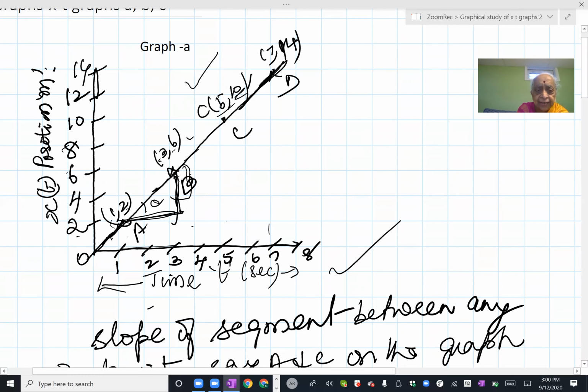Because this is the change in position on the y-axis and change in time interval, or in other words, the time interval on the x-axis, it will be displacement by time. Displacement by time, by definition, you know, is velocity. Therefore, the slope of the xt graph, position time graph, will give me the velocity.